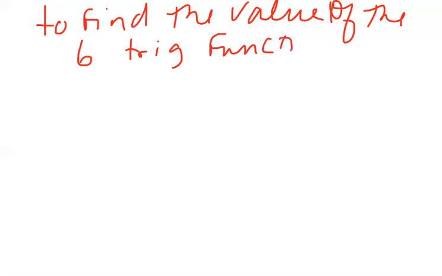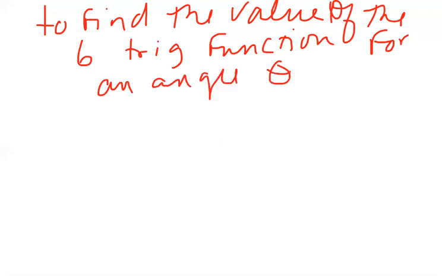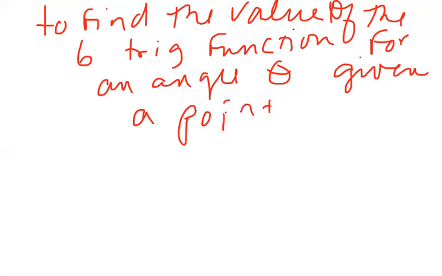The 6 trig functions for an angle theta. Okay? So this one you will be given a point, and we're going to reference the point as x, y. So first thing we need to do, guys, is to find the reference angle.